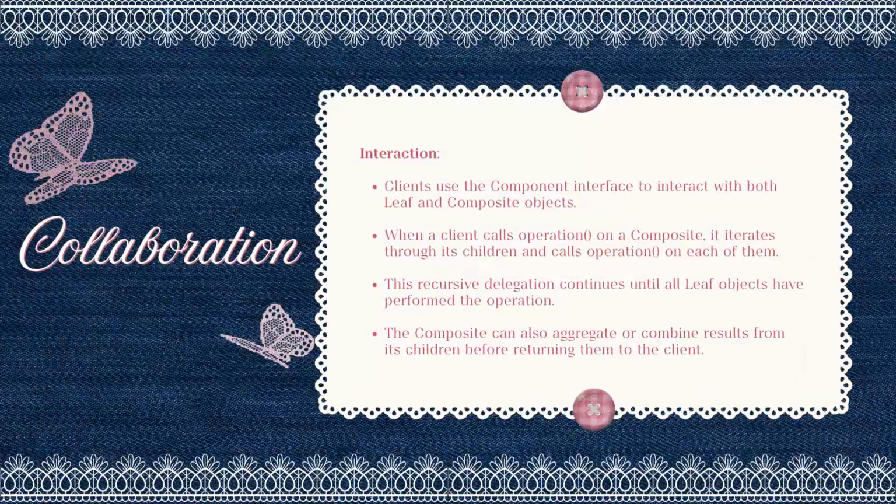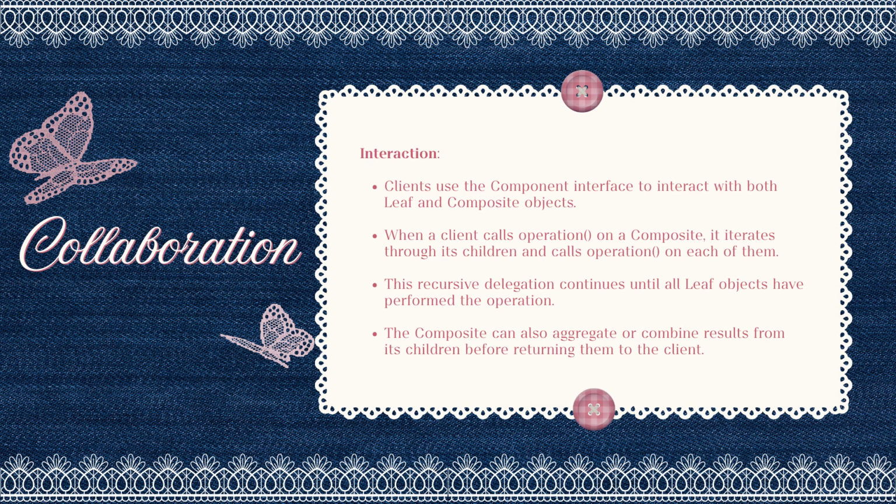Now let's look at how collaboration works in the composite pattern. First, clients interact with both leaf and composite objects via the same component interface. When a client calls the operation method on a composite, it automatically iterates over its children and calls the operation on each of them.